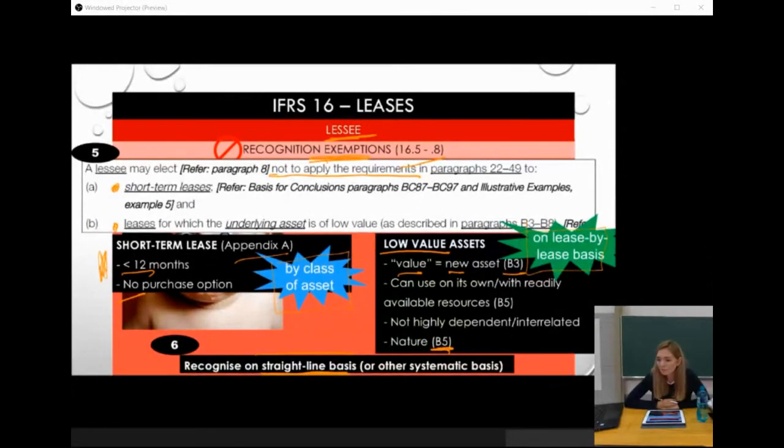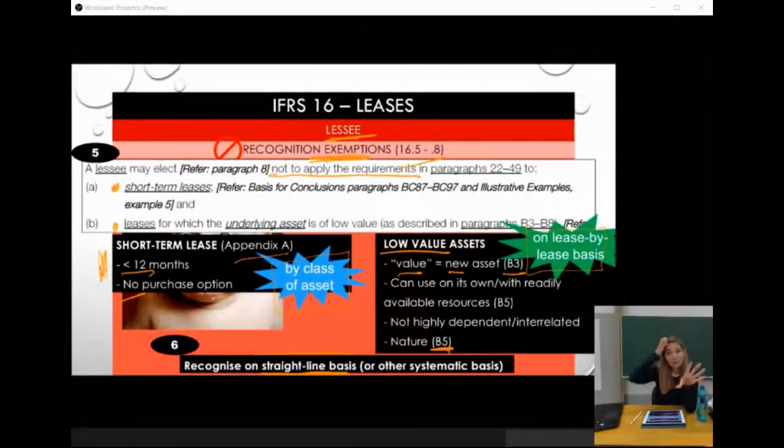Okay, question there from Ms. Malloy: what happens if ownership transfers at the end of the lease term and the useful life of the leased item changes? Does the IFRS treatment of changes in estimates apply for the purpose of calculating depreciation? Okay, so I suppose we entered into a lease for 5 years with an option to purchase, and we thought we would be able to use that asset for an additional 3 years after the lease term.